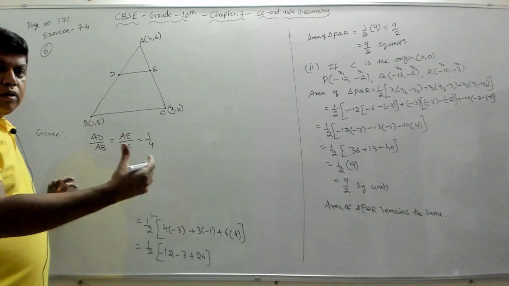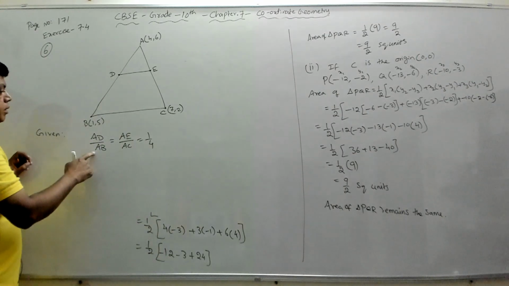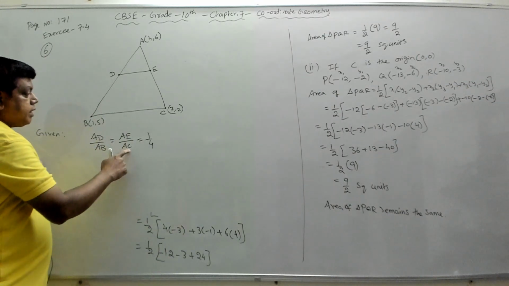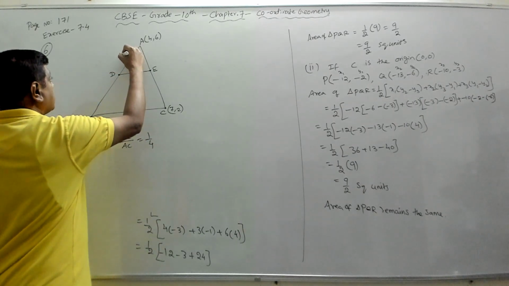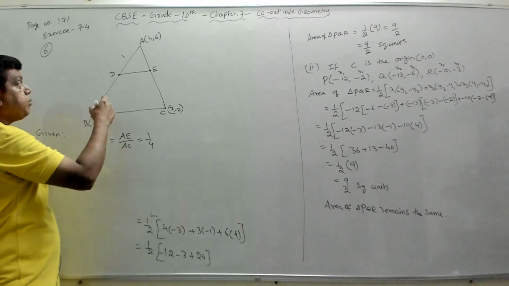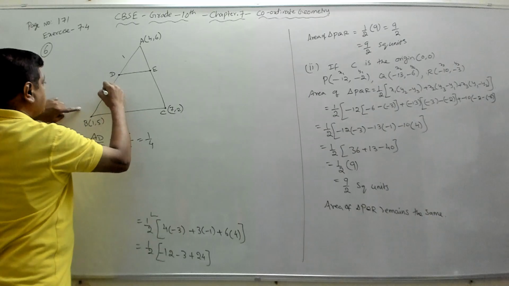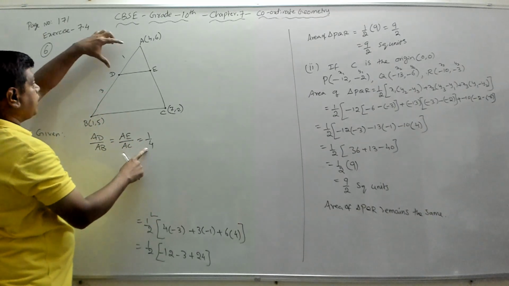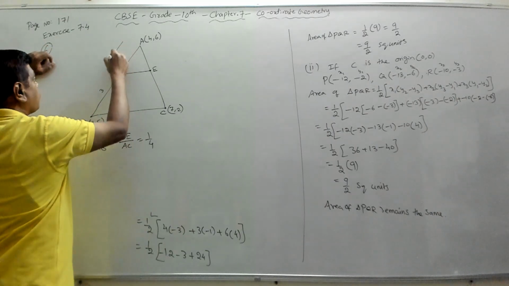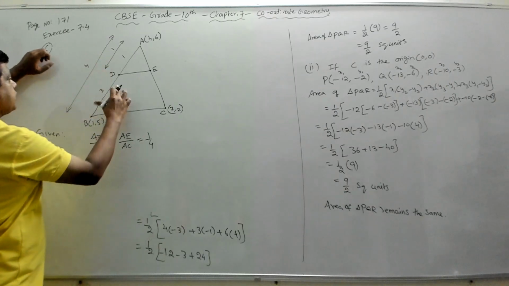Now we need to find the coordinates of D and E, and we know AD by AB is equal to AE by AC equal to 1 by 4. So this is 1, which means this full length is 4. Therefore BD should be 3, because AD by AB is 1 by 4, AD is 1, and the full is 4, so this has to be 3.